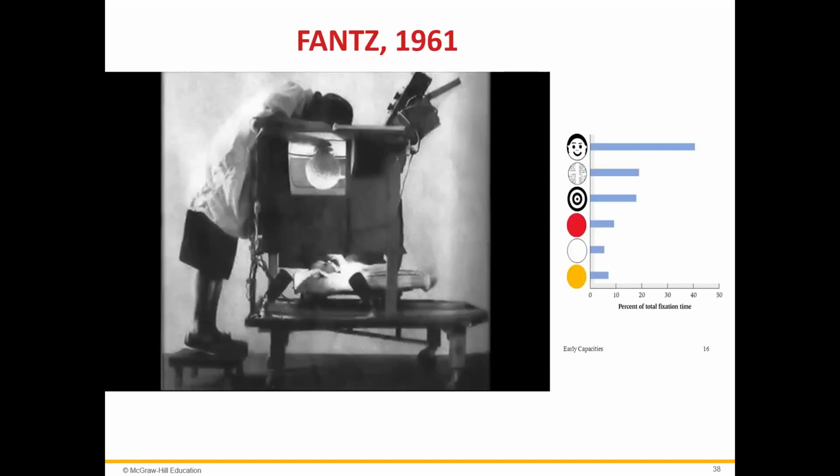They would get choices between pairs of stimuli. So on one trial, they might have the face and the yellow oval. It's not really an egg, but other times they would get that bullseye looking thing versus a red oval, let's say.